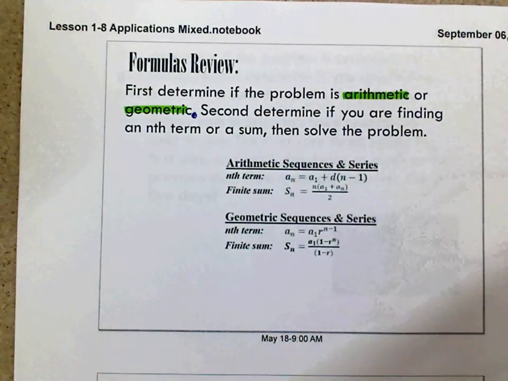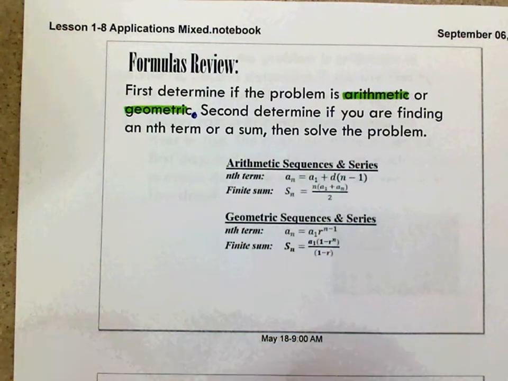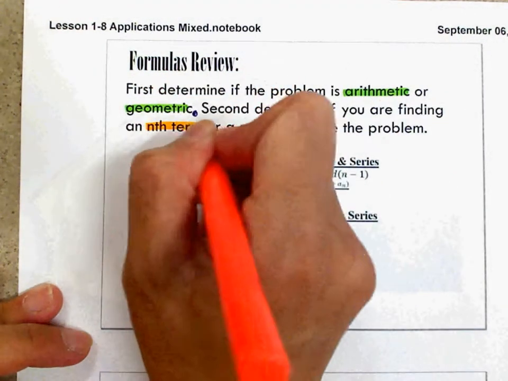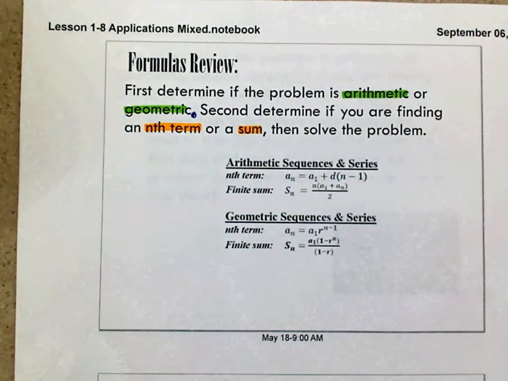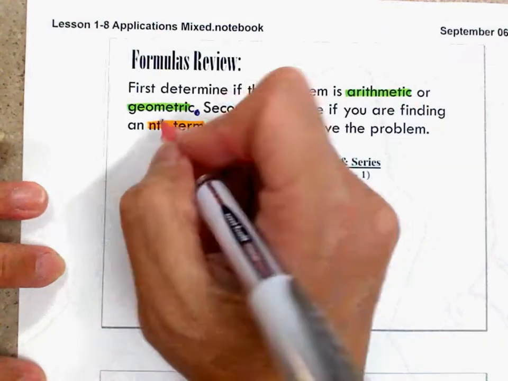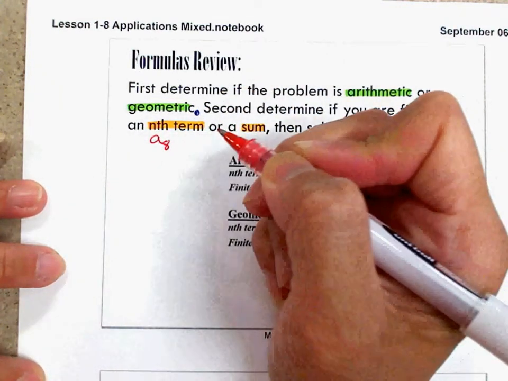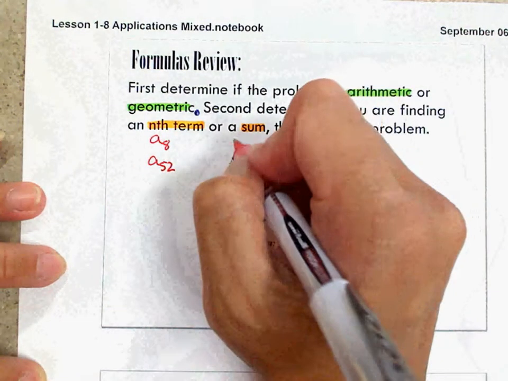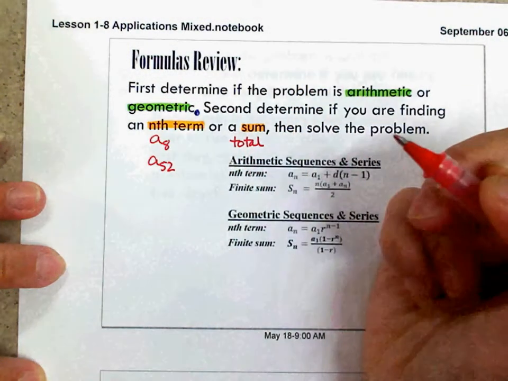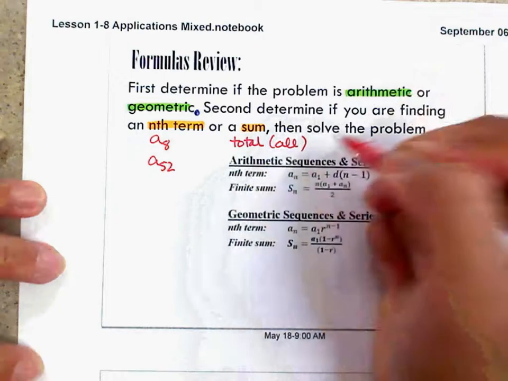Second, you need to determine if you're trying to find an nth term, like a specific term, or you're looking for the sum, and then you solve the problem. If you're looking for the nth term, it could be like the 8th term, okay? A specific term, the 52nd term. A sum would be the word total, or all, or something along that line.